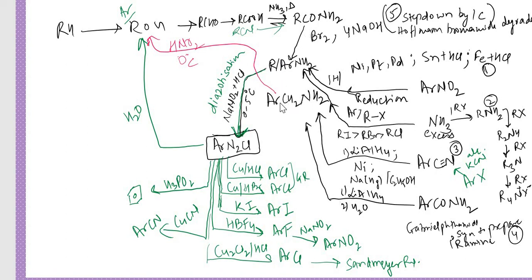And I can convert these back to the parent chain with non-nitrogen containing compounds. Suppose if I have an amine, I put HNO2 at 0 degrees centigrade, I can convert it into alcohol. Or if it's an aromatic compound, I can make diazonium chloride and then convert it into a non-nitrogen containing compound. You can keep this open and try to solve NCERT back questions.